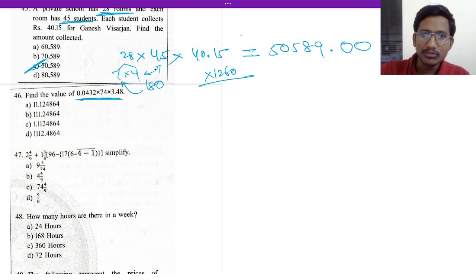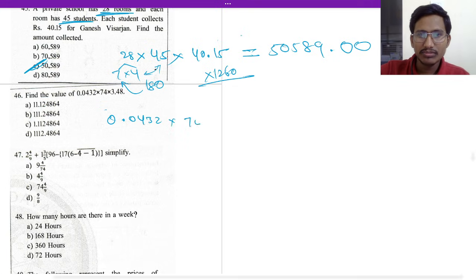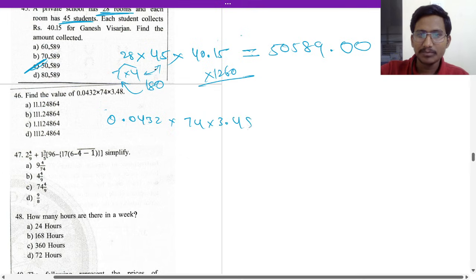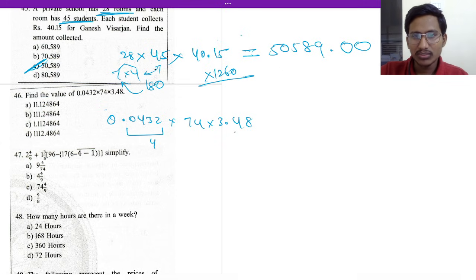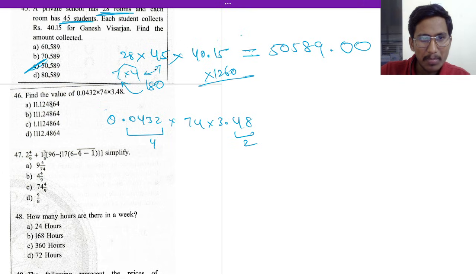So find the value of 0.0432 into 74 into 3.48. How many total decimals do we have to find? There will be 4 here, right? Here 2. So a total of 6 decimals has to be there. So in which option are there 6 decimals?